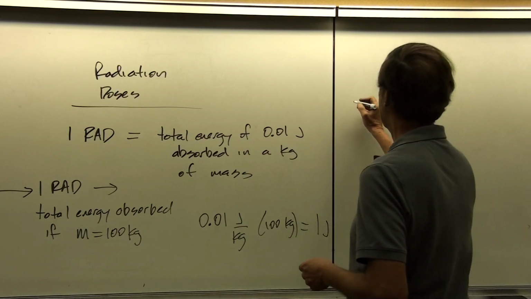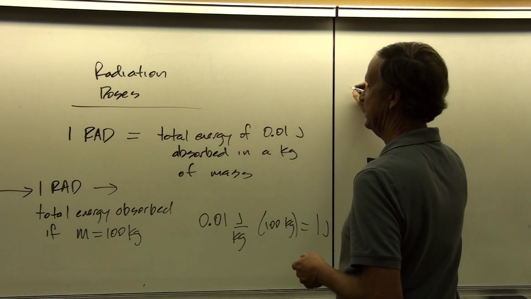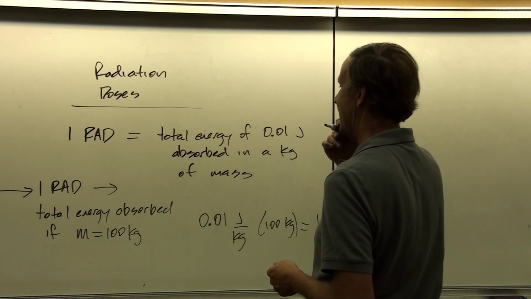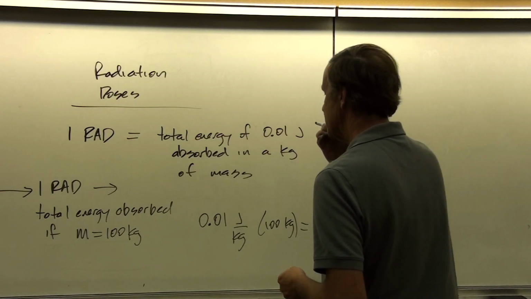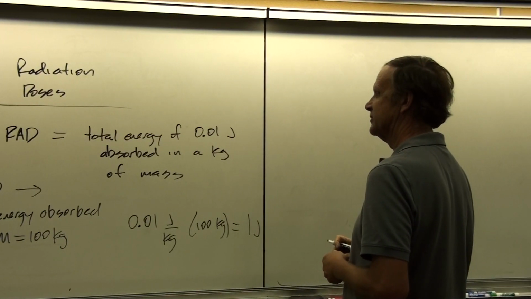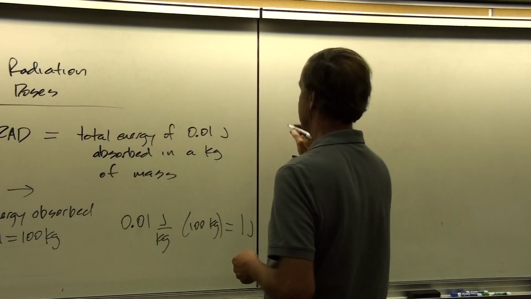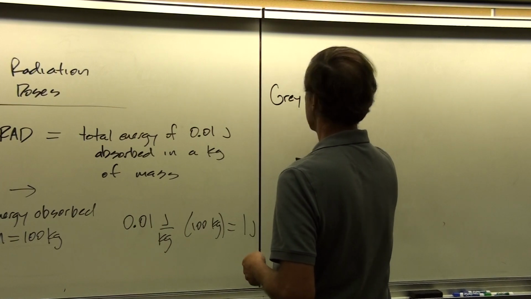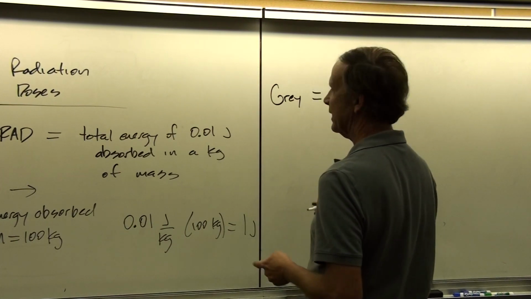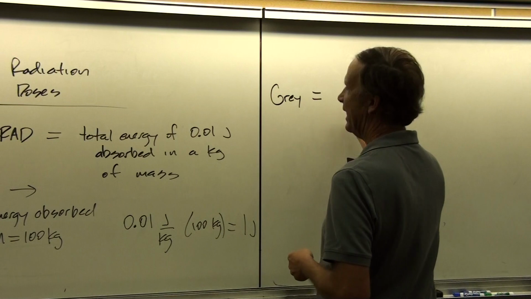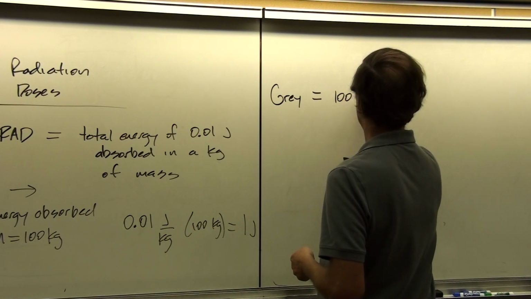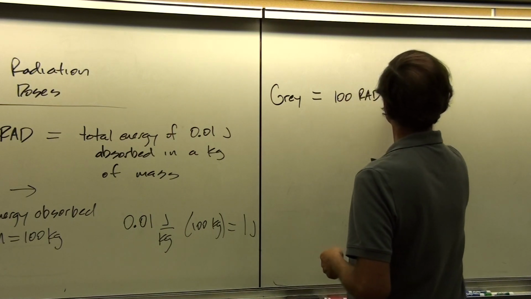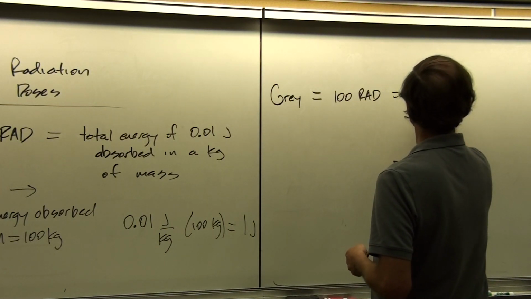Okay. Now, if we're going to connect rad to larger amounts of radiation that could be absorbed, then we would be looking at a gray. So gray is sometimes given the symbol G, and that's 100 rads, or the same thing as 1 joule per kilogram.